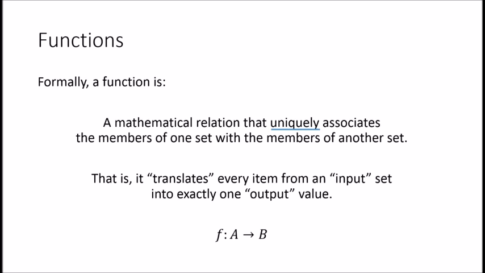Often we use letters like F, G, or H to denote a function, and we might use the notation you see at the bottom of the slide here to say that the function f takes elements from set A and translates them into elements from set B.